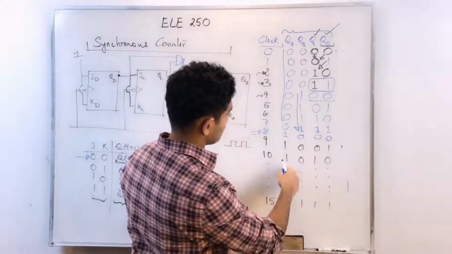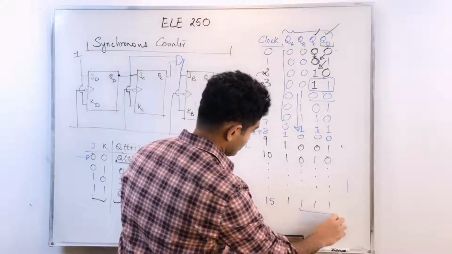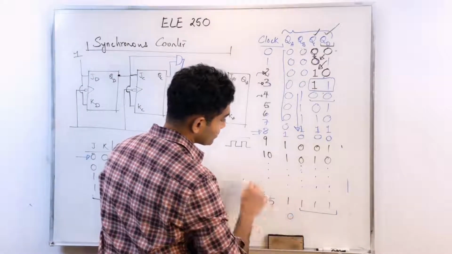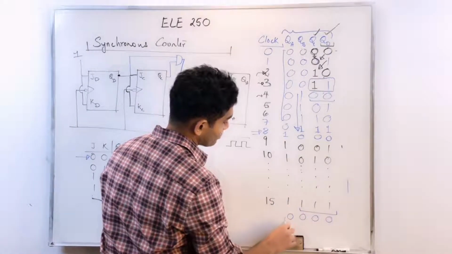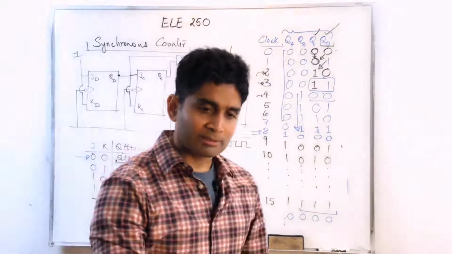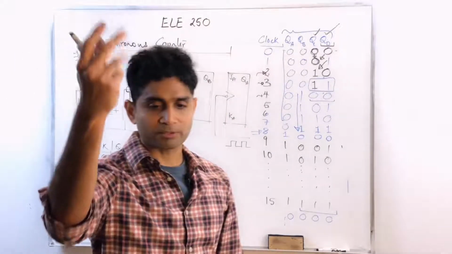No, actually, no more. If we get here, then my QA becomes 0, this becomes 0, this becomes 0, this becomes 0, and I start counting back again. So it goes from 0 to 15, resets to 0, and then goes from 0 to 15, and so on.